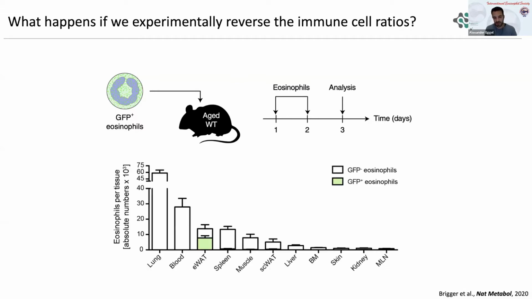That was a very surprising finding, because these results told us that the eosinophils pretty selectively migrated into the adipose tissue, as you can see here. Those eosinophils were GFP labeled, and we could look for the GFP signal across those different tissues by flow cytometry. So that was very promising.